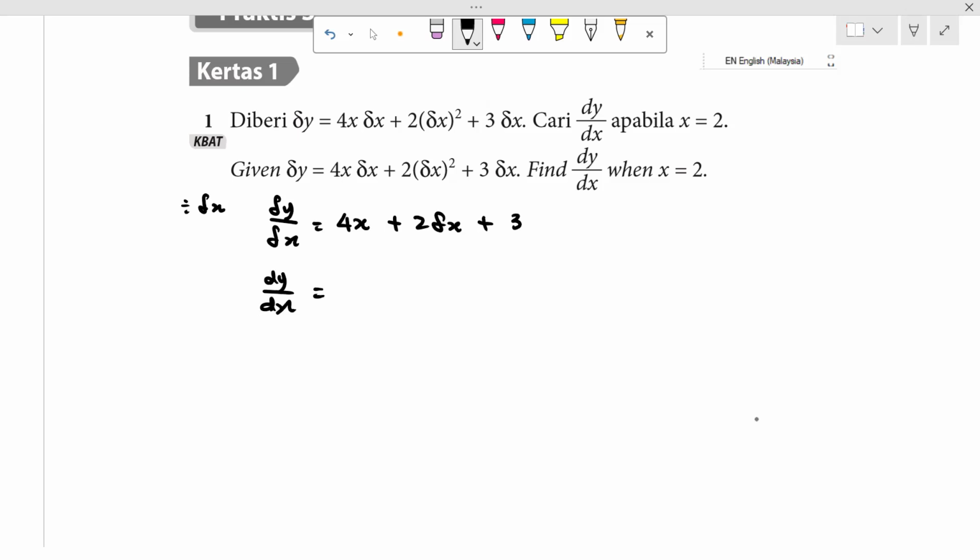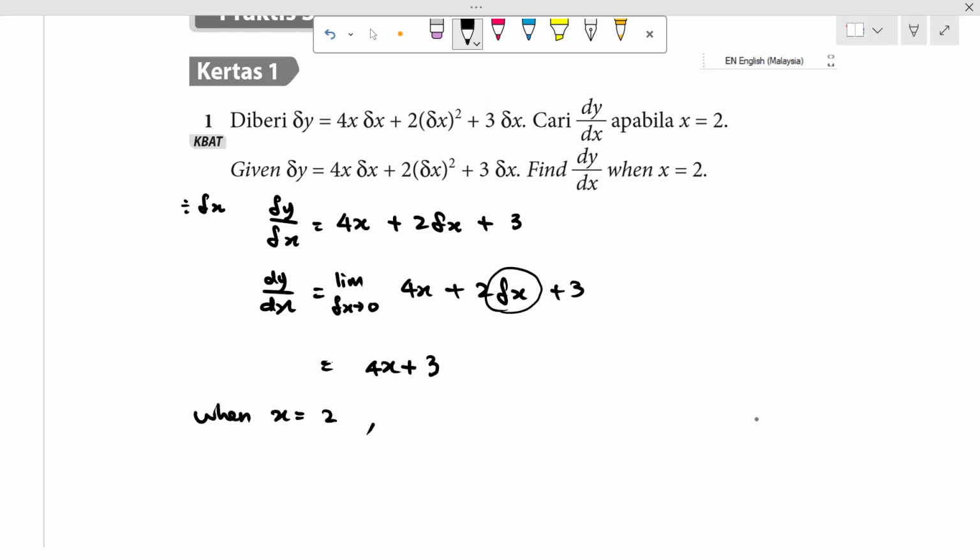It will only be equal to dy/dx when we set the limit that del x approaches 0 onto your 4x plus 2 del x plus 3. So when we substitute, this one will become 0. We will get 4x plus 3. Now, when x equals 2, the dy/dx will equal 4 times 2 plus 3, which is 11. That's it. Simple?